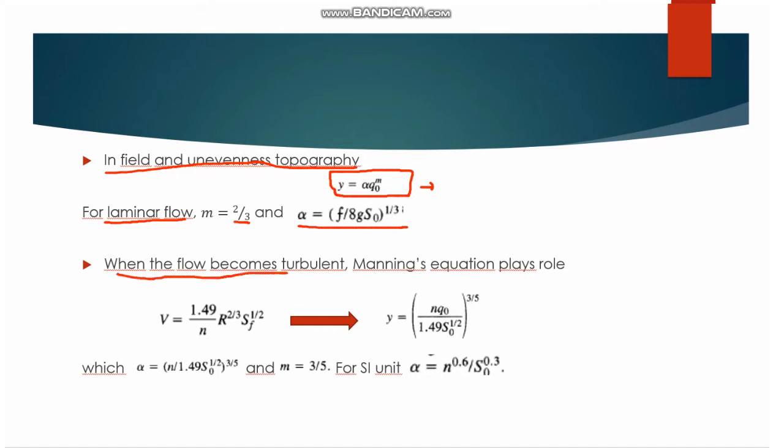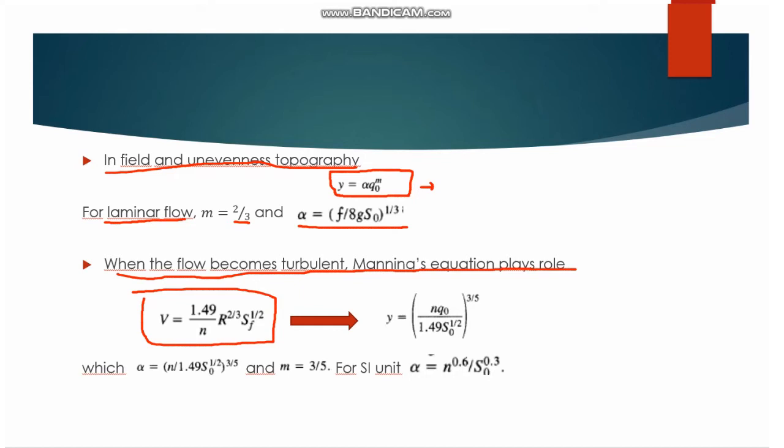When the flow becomes turbulent, Manning's equation plays a role. Here is Manning's equation: velocity is equal to 1.49 over n, times the hydraulic radius to the power 2 over 3, times the inclined surface slope to the power 1 over 2, the square root of the slope.